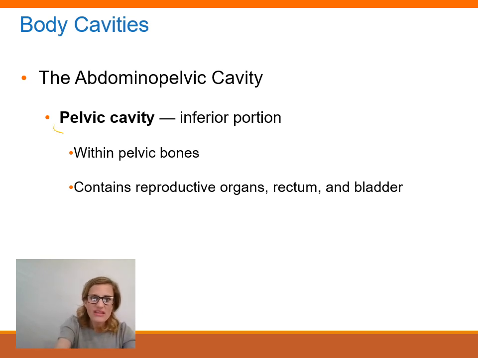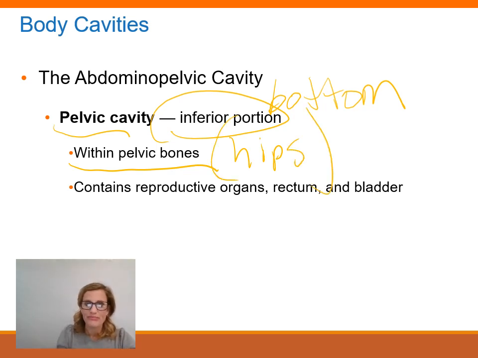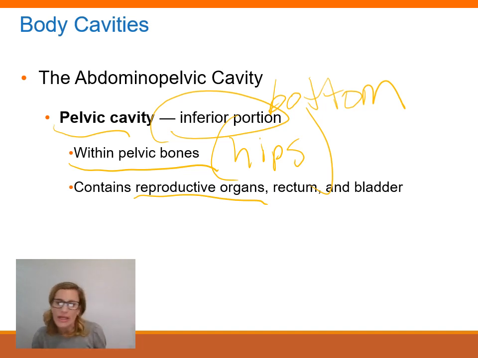The pelvic cavity then is just the inferior portion or the bottom portion. It's the area that's located within the pelvic bones or within the hips. And this contains the reproductive organs. So in men, this would be like the prostate gland and the seminal glands.